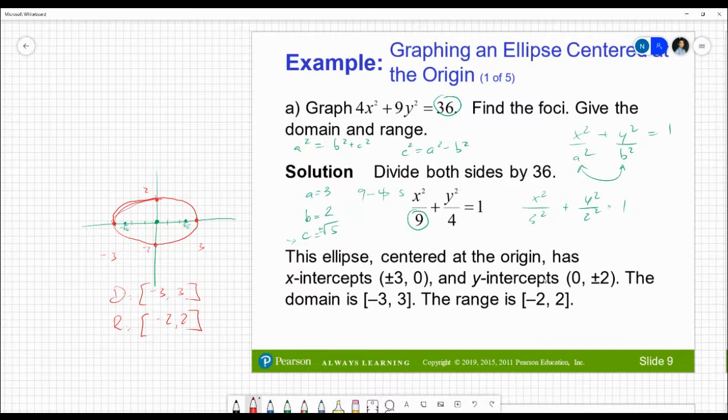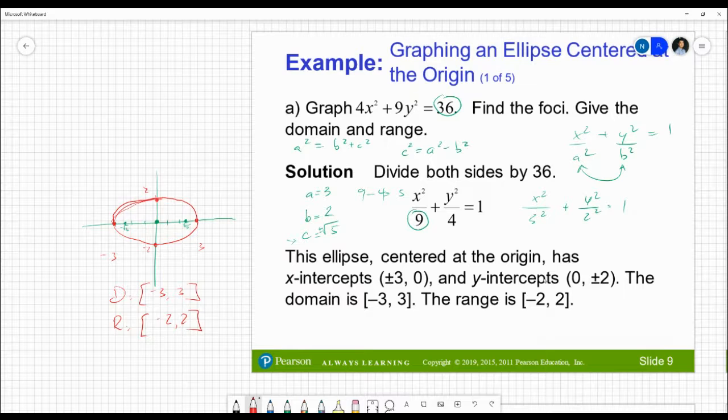That allows us to better see what the a and b values are. Using those, we found c at plus or minus square root of 5. Because the major axis lies parallel to the x-axis, the y value of the foci is 0, and then we add plus or minus c to find the two foci. So we got root 5, 0 and negative root 5, 0 as the 2 points of the foci.